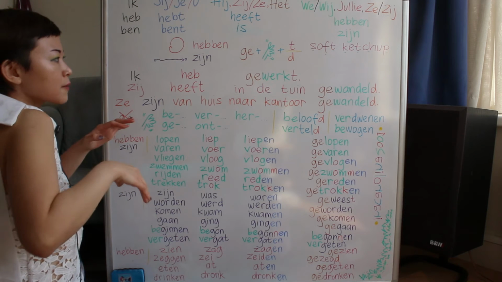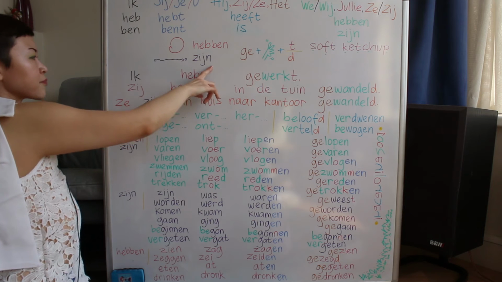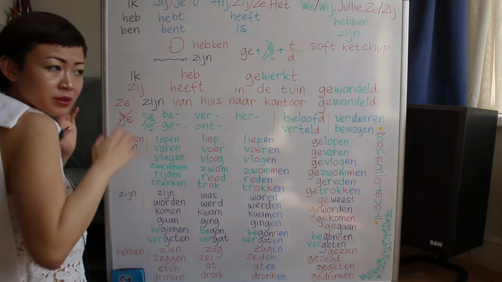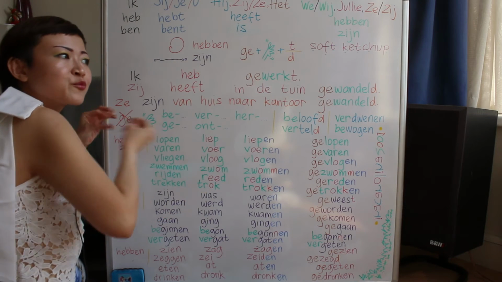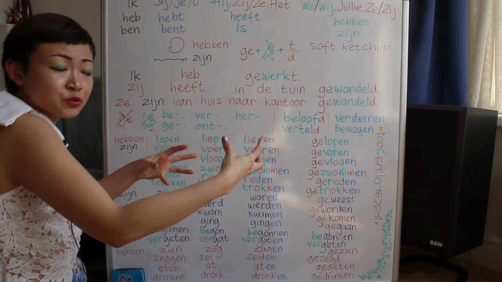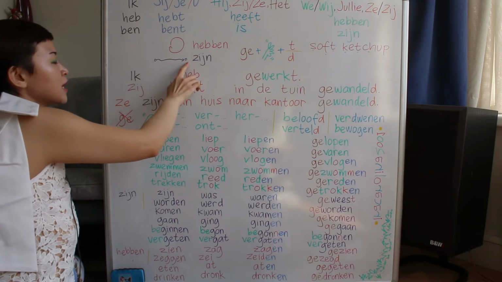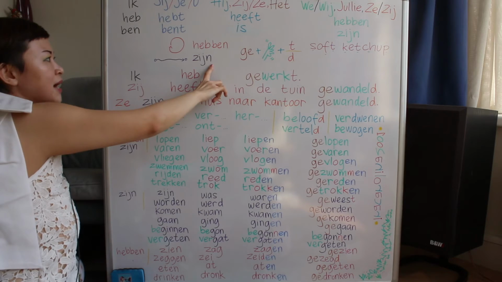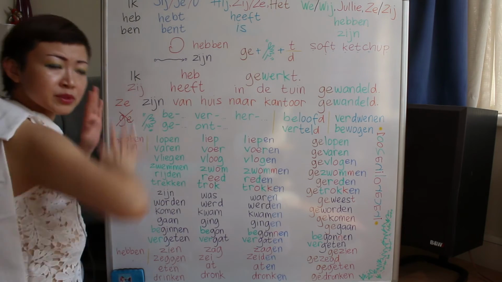Sorry, I forgot to put something here. Because we use heeft here, it means this one is she. She heeft, has, in the town, in the garden, gewandeld, walk. We use heeft because she walked in the garden.